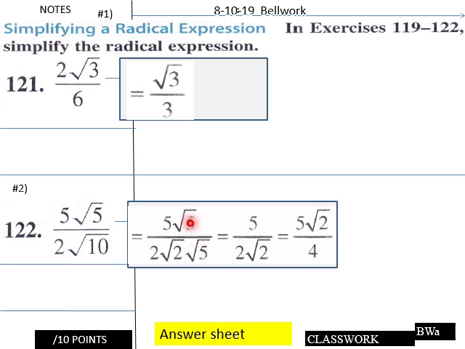This will cancel, and then you have 5 over 2 times square root of 2. Rationalize the denominator, and we will multiply this by square root of 2, and then the numerator by square root of 2. That will be 2 times 2 is 4, and this will be your simplified radical from that.